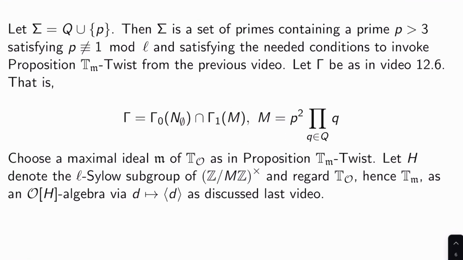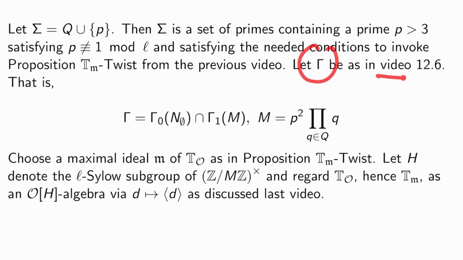Okay. So what I'll do is I'll let Σ be Q adjoin this prime p that I just found. Then Σ is a set of primes containing a prime p bigger than 3, satisfying p is not equal to 1 mod l. That's one of the things we did when we chose p. And this set of primes satisfies the needed conditions to invoke proposition T_M twist from the previous video.